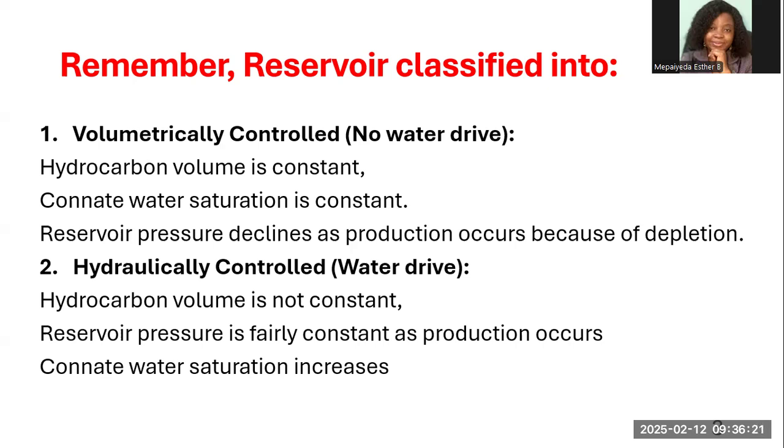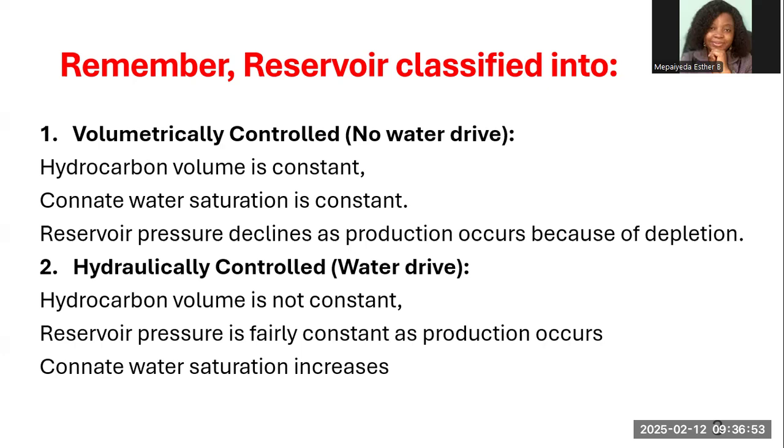In this case, you have water drive, which maintains the energy of the reservoir system. And in this case, the reservoir pressure does not decline as fast as that of the volumetrically controlled reservoir. So in this case, the hydrocarbon volume is not constant because as production occurs, pores are left, which contain the hydrocarbon volume.